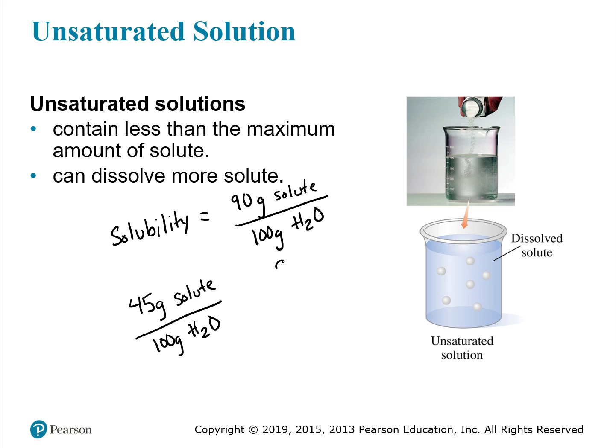Or it might have 90 grams of solute in 200 grams of water. These are both examples of an unsaturated solution. Does everybody see that? We're underneath the maximum amount of solute that can be added and still dissolve. So we good on unsaturated? Okay.